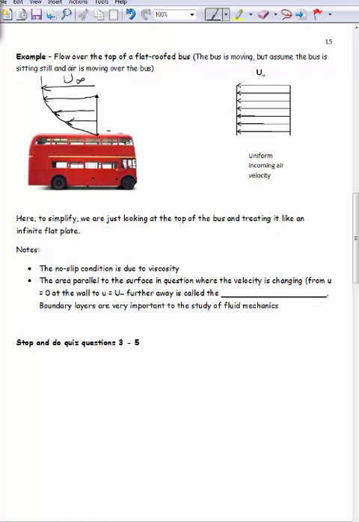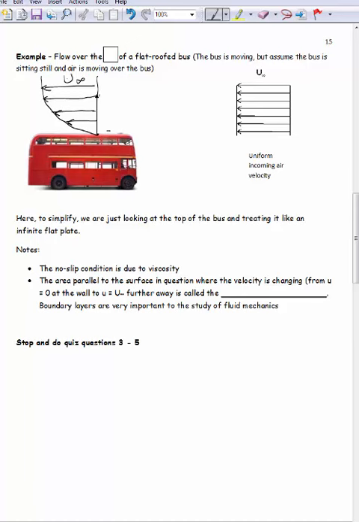It's 0 at the surface of the bus, and eventually it goes out to u infinity, and the velocity is not changing anymore as you go far away from the bus. Okay, so this no-slip condition is due to viscosity, and it is going to affect and give us velocity profiles, for instance, on the top of this bus.